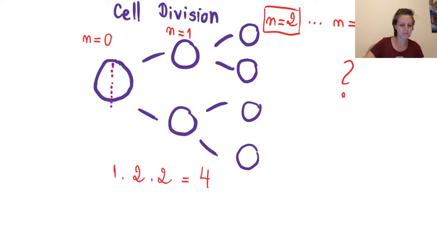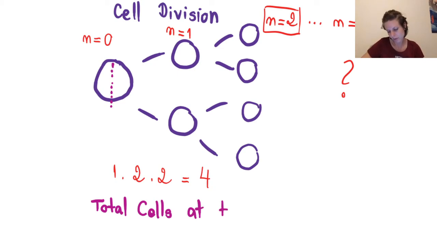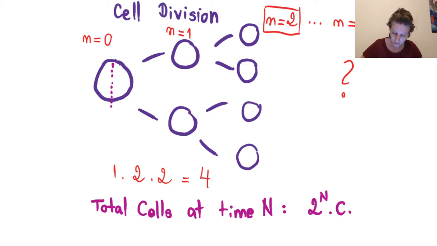Applying the same thoughts, we could say that at time big N, the total number of cells will be 2 to the big N times, here in this case initially we have 1 cell, but we could have more, so let's call it C0, the initial number of cells.